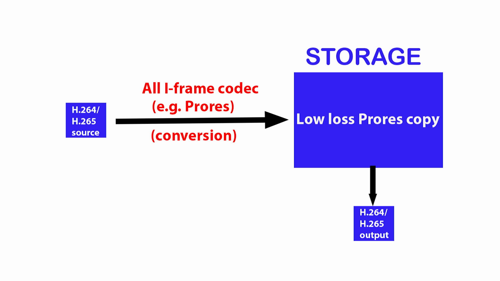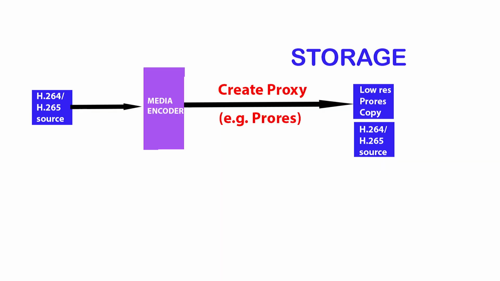And here's where proxies fit in and come to the rescue of the frustrated and tired and depressed video editor. Proxies are basically just low-res all-I copies, such as ProRes files, which can be quickly and automatically generated by Media Encoder, that seamlessly and almost invisibly sit alongside your original 4K media.